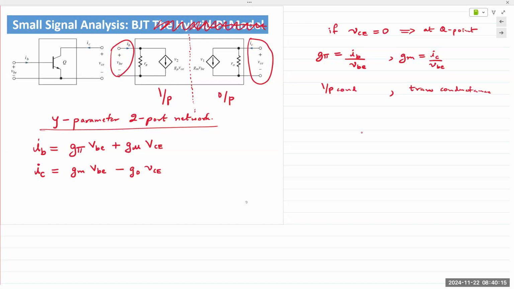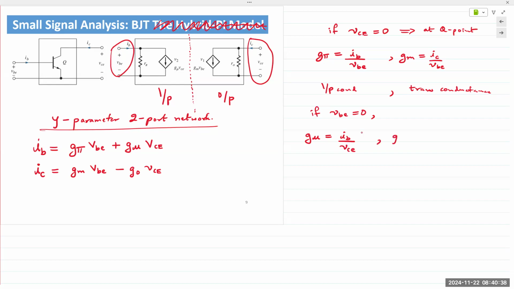And for the second part of the equation, if VBE is equal to 0, then we can write G mu as IB, input current over output voltage.